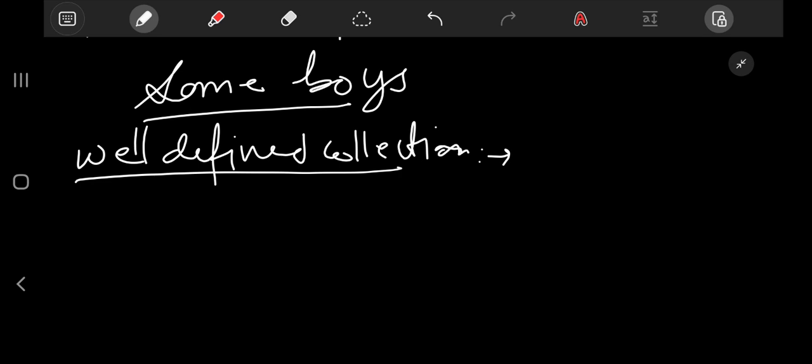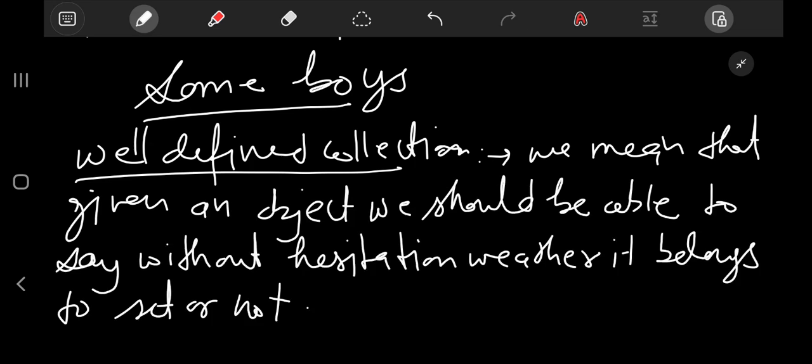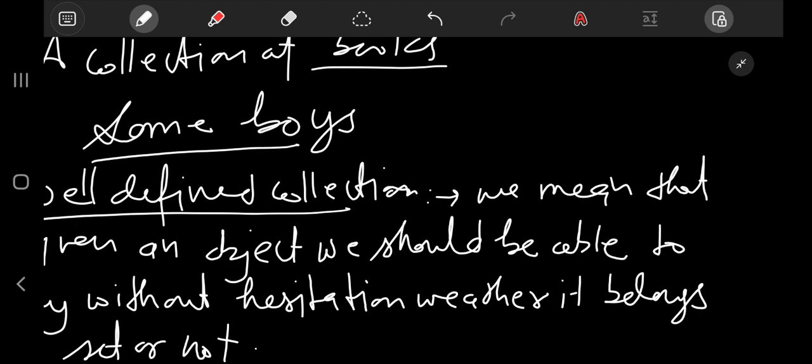By well-defined collection, we mean that given an object, we should be able to say without hesitation whether it belongs to the set or not. Okay. In the case of some boys, we are including all boys in this set. This is well defined in a natural way, but not well defined in mathematical language.